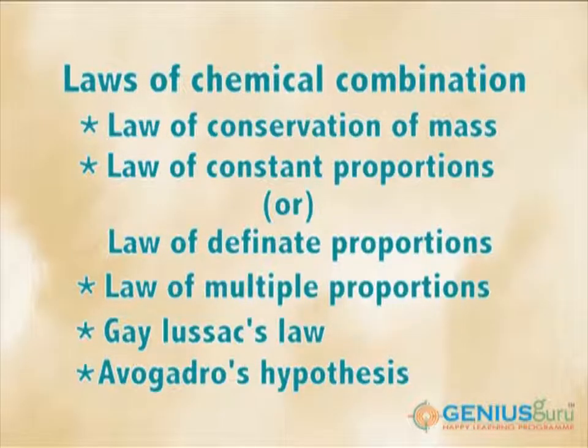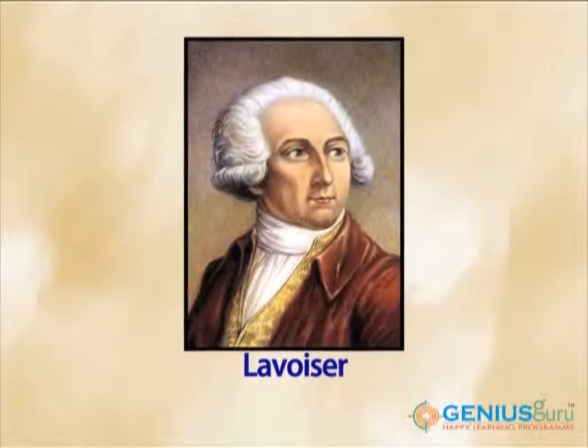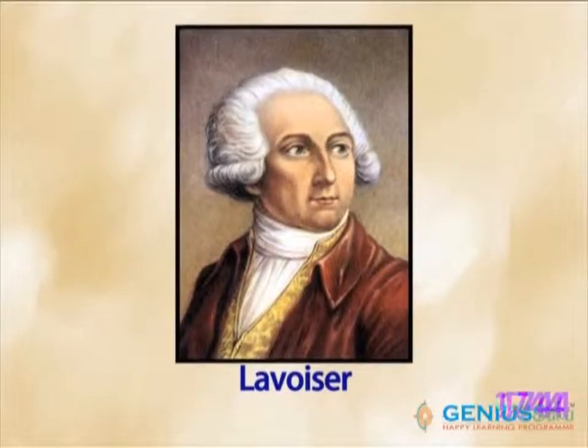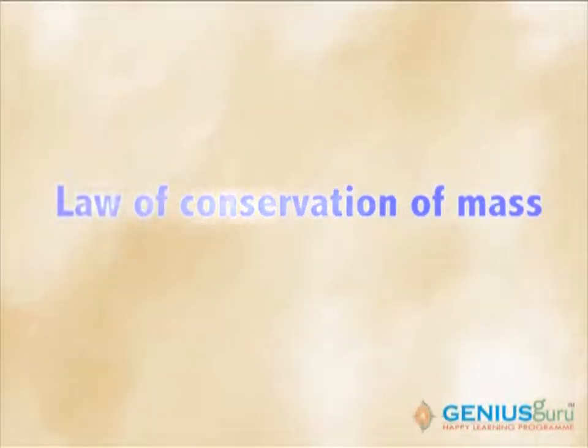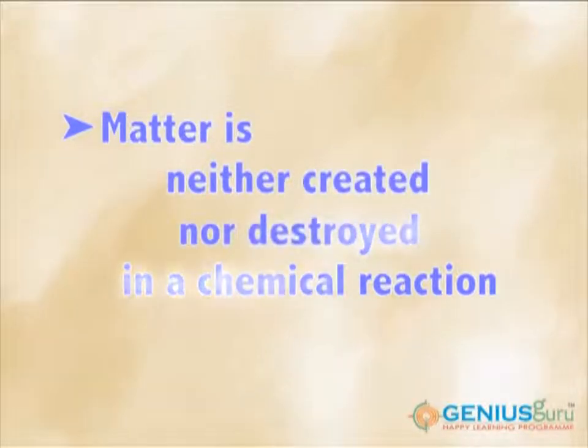First of all, let us go to the law of conservation of mass. This law was given by Lavoisier in the year 1744. So what is the statement of this law? According to this law, matter is neither created nor destroyed in a chemical reaction.